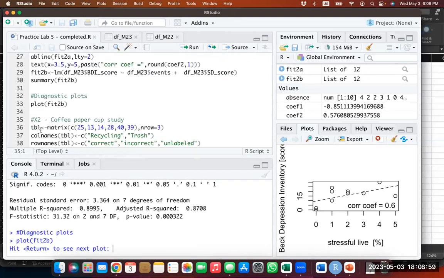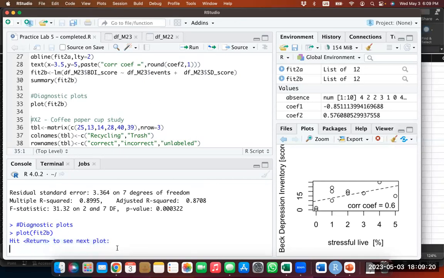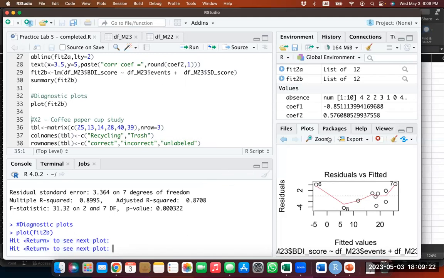If you run line 33, I keep on talking about the residuals and how the residuals are important to pay attention to. So if you run line 33, you see a little menu popping up that says hit return to see next plot. Once you do that, you see what in regression analysis is called a diagnostic plot.